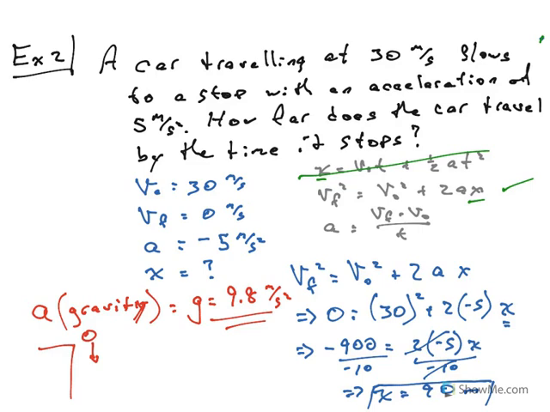So even though I may not say in the problem, the acceleration due to gravity is blah, blah, blah, you have to recognize that gravity is involved, and because gravity is involved, there is an acceleration. That acceleration is downwards, and its value is 9.8. If we take up to be the positive direction, downwards the negative direction, so a lot of times we'll say the acceleration due to gravity is negative 9.8.